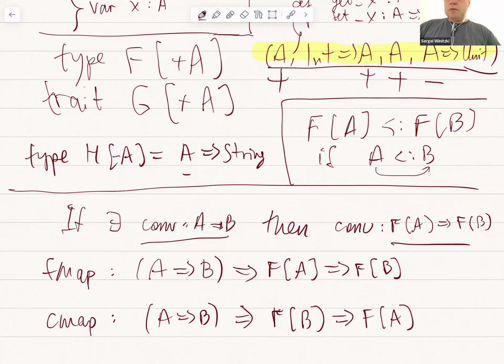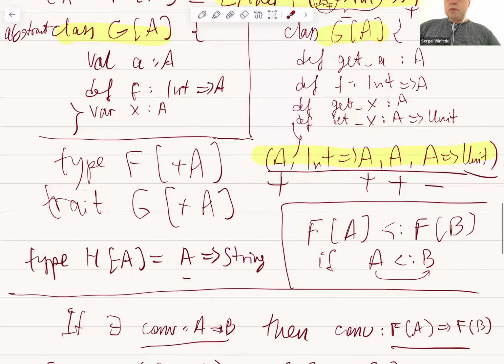When A is a subtype of B, then H of B will be a subtype of H of A. Now, we see that if the type constructor has an fmap method, that means it is covariant, and that means we could use the subtyping in this way. So this is the real connection between contravariance, covariance, and subtyping.